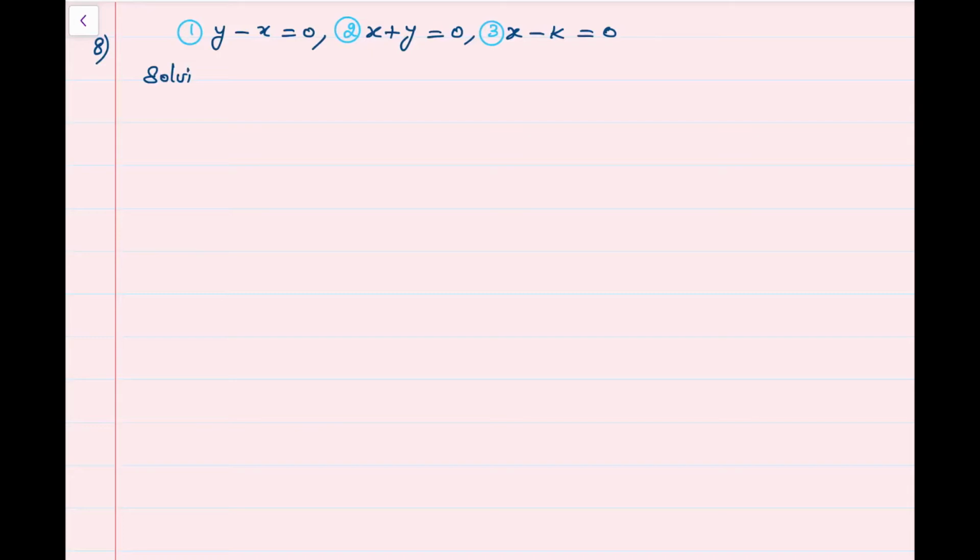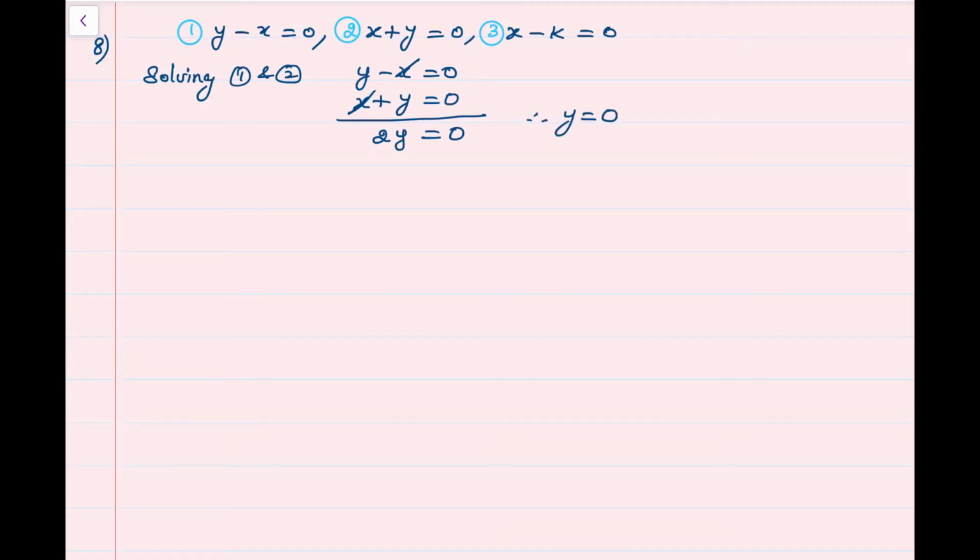Solving 1 and 2. y minus x is 0, x plus y is 0. Minus x and plus x are getting cancelled. 2y is 0. Therefore, y is 0.